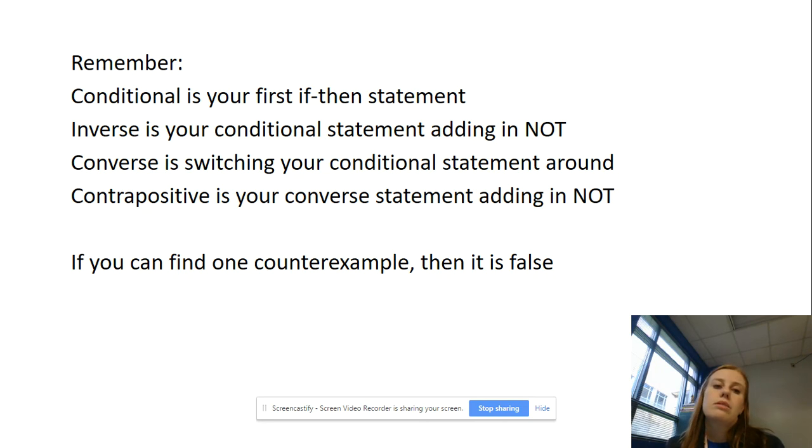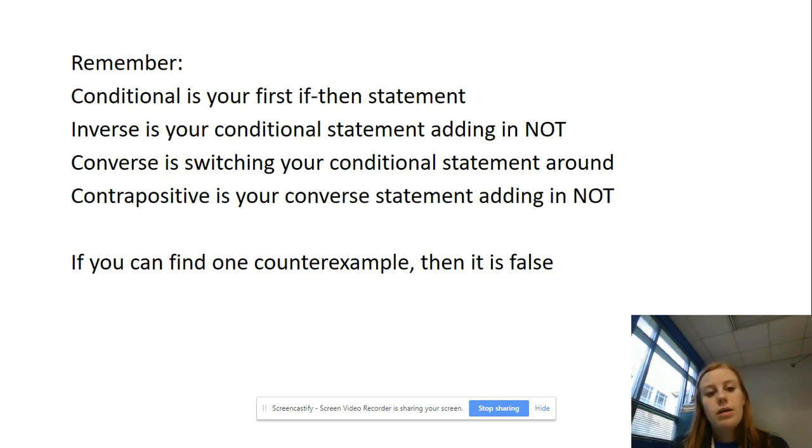So some things to remember. Your conditional statement is your first if-then statement, always. And then your inverse is just your conditional adding not. And your converse is switching around your conditional statement, just moving parts of the sentence.